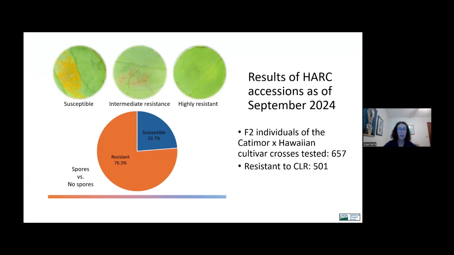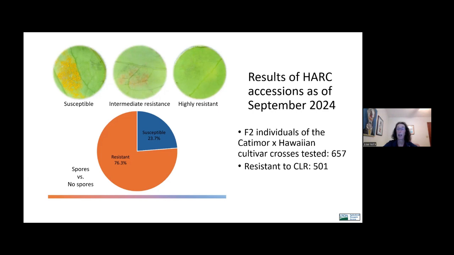And this is an example of the leaf discs, on top from the highly susceptible showing chlorotic spots and numerous spore production, to an intermediate resistance in the middle with just chlorotic spots but no spore production, meaning the pathogen was not completing its life cycle, which still would be very important material to look at, to many examples of highly resistant where no symptomology would develop at all.